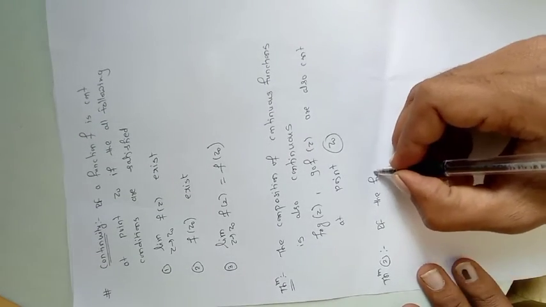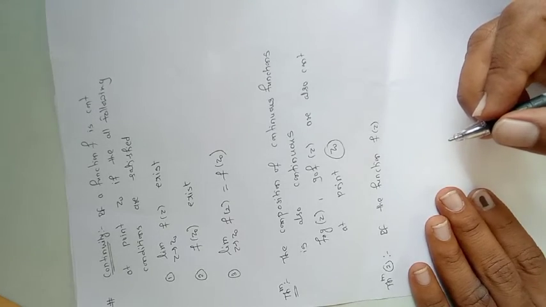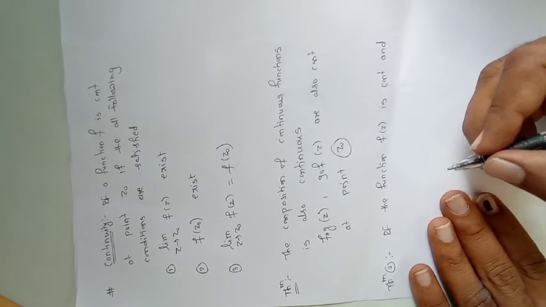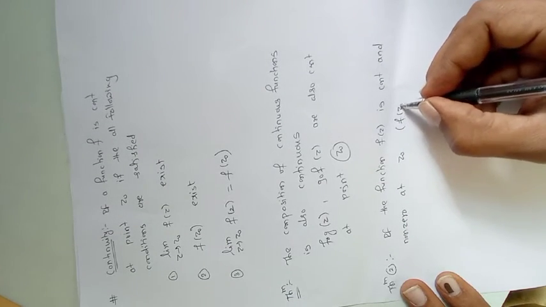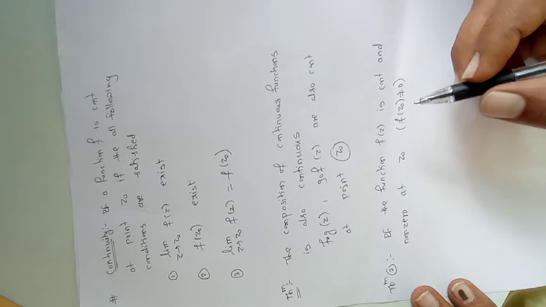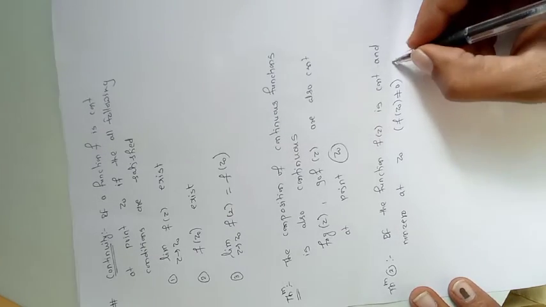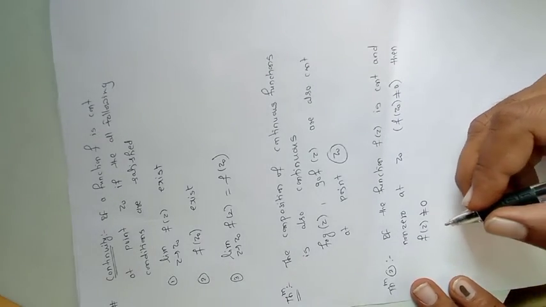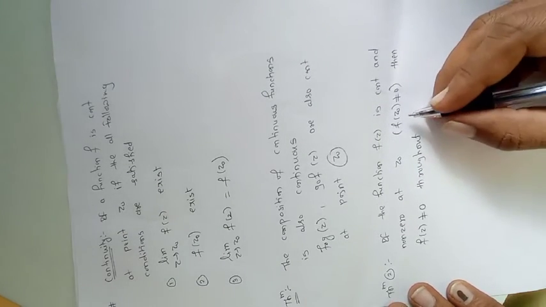If the function f(z) is continuous and non-zero at a point z0, that is, f(z0) is not equal to 0, then f(z) is not equal to 0 throughout some neighborhood of that point.